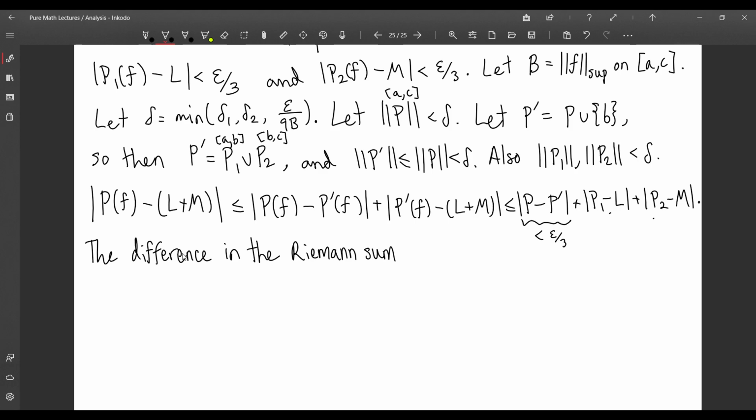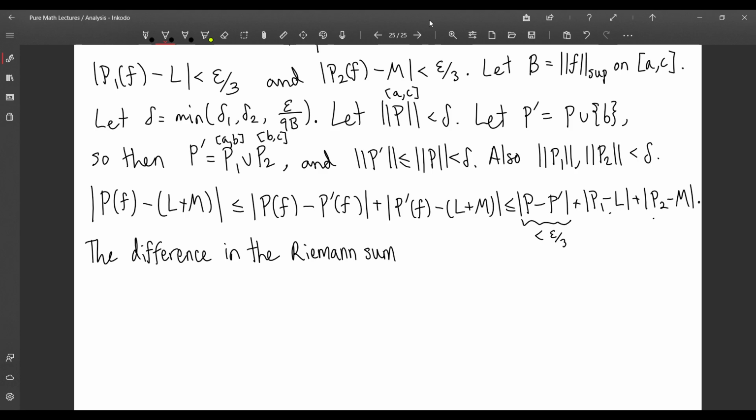So really you can split this up into two cases. You can have the case where B is already an element of P, in which case P prime is just equal to P, and so this term is 0. If you assume that B isn't in our partition, then B is exactly in some interval.